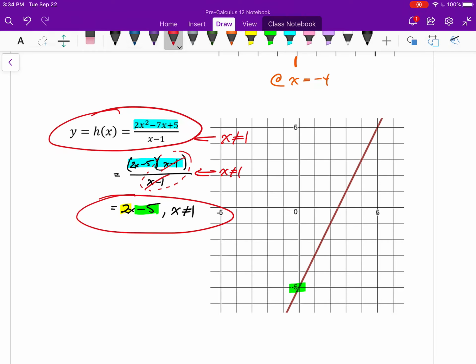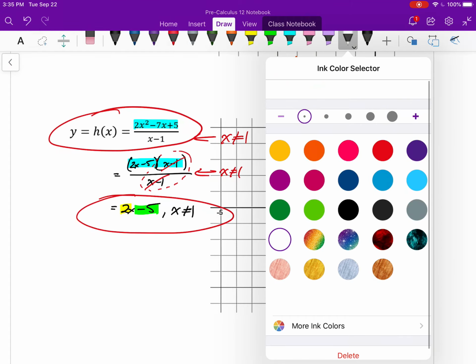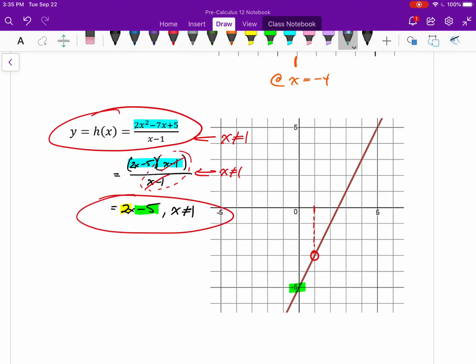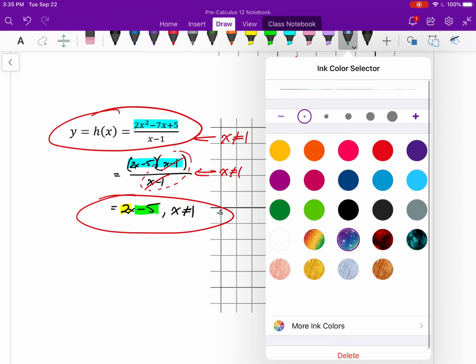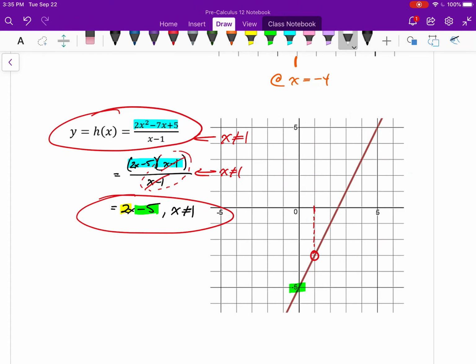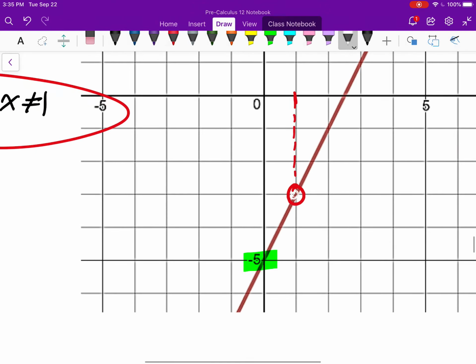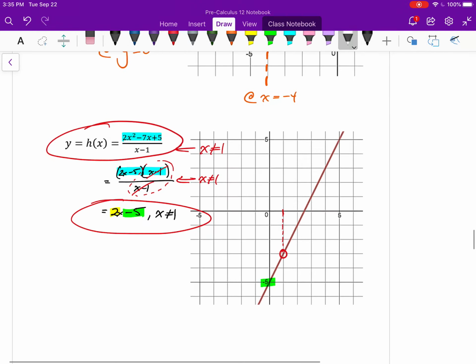Well, here's where x equals 1, right here, and I make my way down, and I have to make an open point there. So I'm going to grab a little white pen here, and I have to adjust my graph. Ooh, I just changed my color. There we go. And I need to erase what's inside there and make it just an open point. So that there is what we call a point of discontinuity.